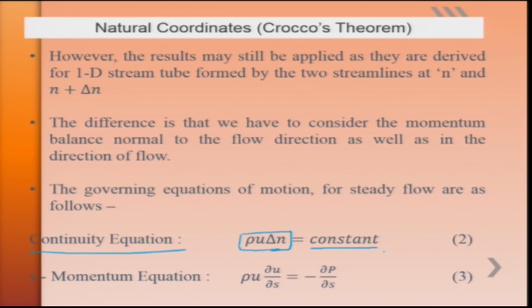Now the momentum equation along and normal to the streamline can be written such that u del u by del s is equal to minus del p by del s.